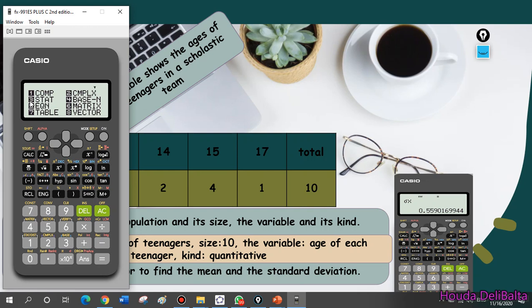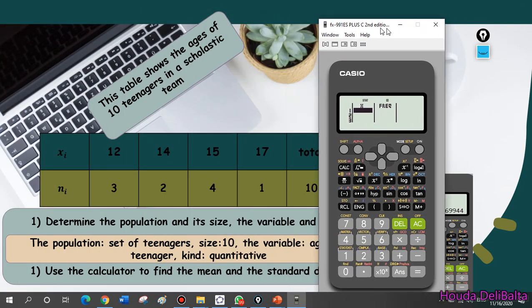Here it's written 3. So we press mode, then we press 3. Then we follow what's related to statistics. There are a lot of functions here, but what's related to statistics is the variable, which is corresponding to 1. So I press 1.